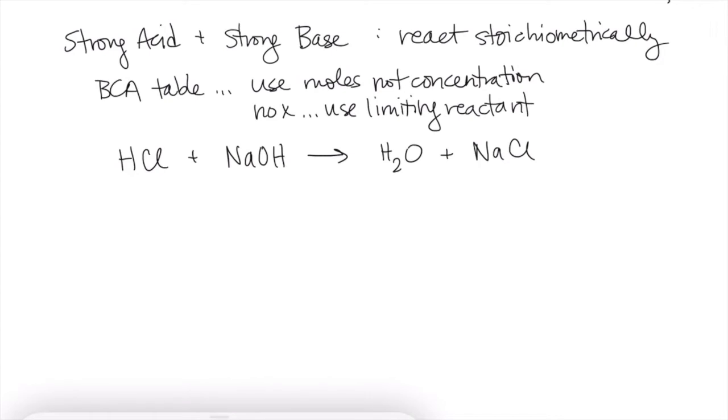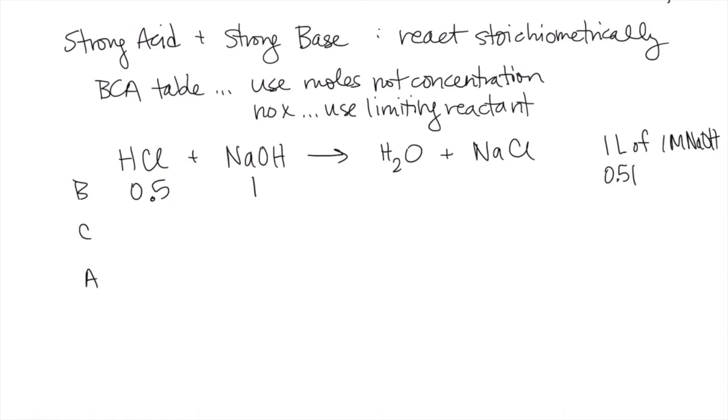The first example that I'm going to do, this is my BCA table, so before, change, and after. I'm going to have half a mole of HCl and 1 mole of NaOH. And if we want to be more precise about this, let's say we have 1 liter of 1 molar NaOH and half a liter of 1 molar HCl.